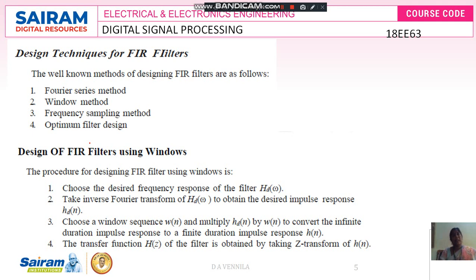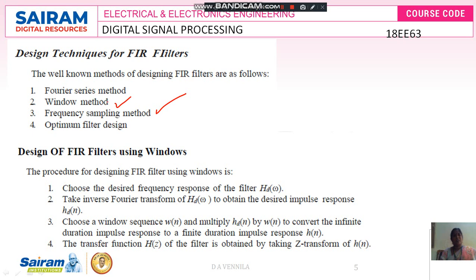What are the design techniques for the FIR filter? We can design the FIR filter by using various techniques: Fourier series method, window method, frequency sampling method, optimum filter method. But here we are going to discuss only two methods, the window method and the frequency sampling method, as per your recommended syllabus.